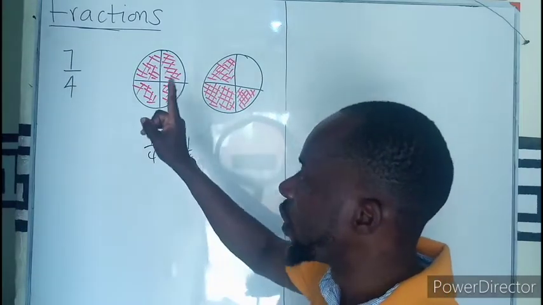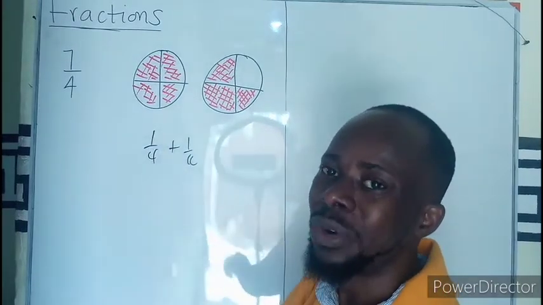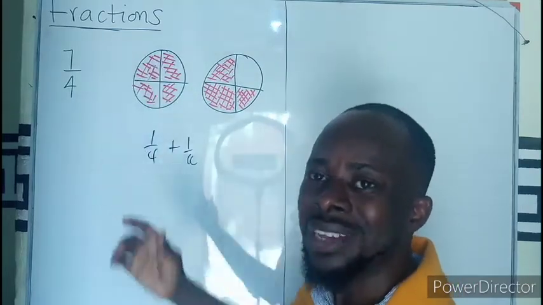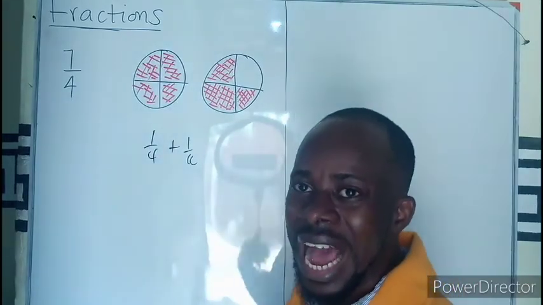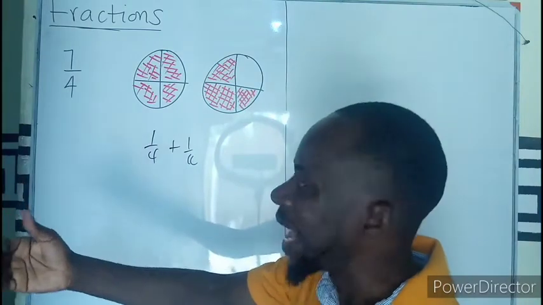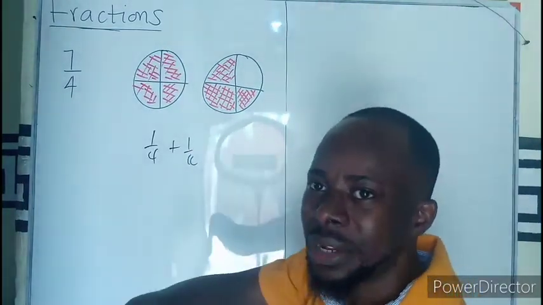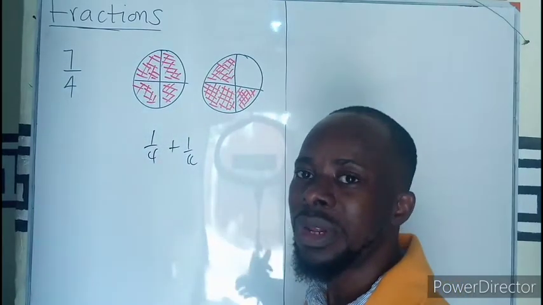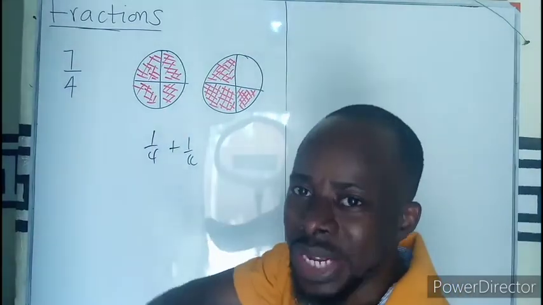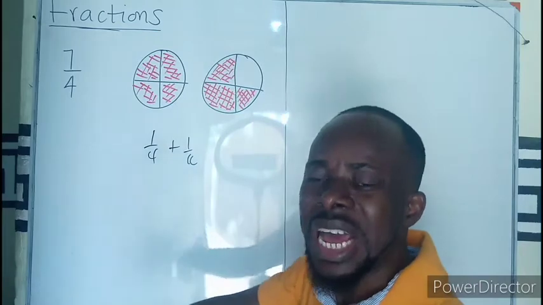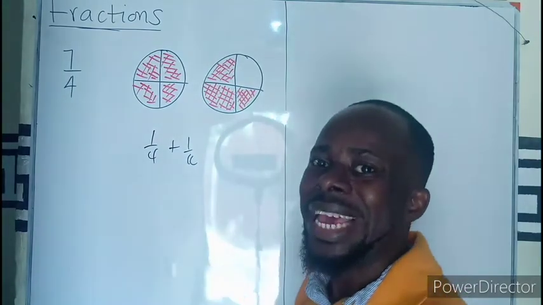So even though the top is bigger than the bottom, this is also referred to as a fraction. It just has a different connotation, as the numerator is bigger than the denominator. So this kind of fraction is called an improper fraction: a fraction that has a bigger head than the tail.